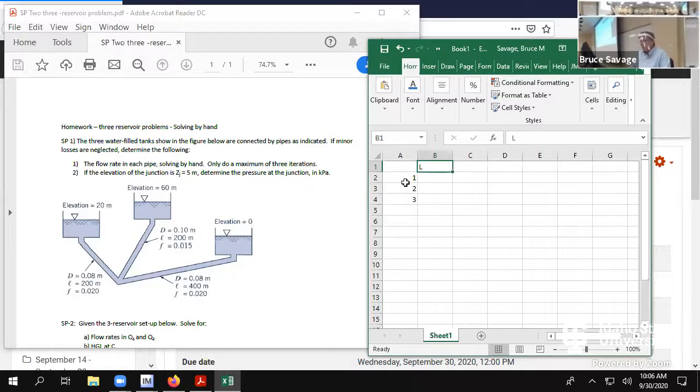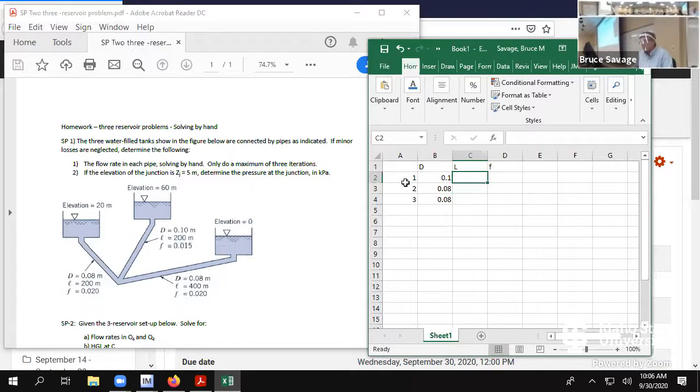Let's see, we've got D, L, and F. D for the first one is 0.1, the second is 0.08, and the third is 0.08.